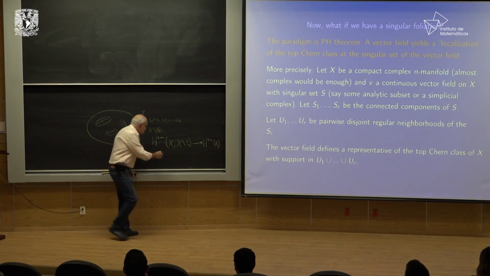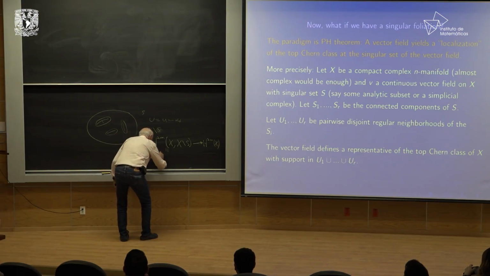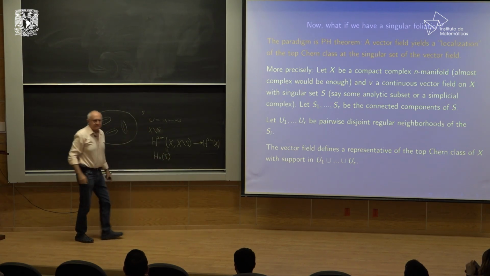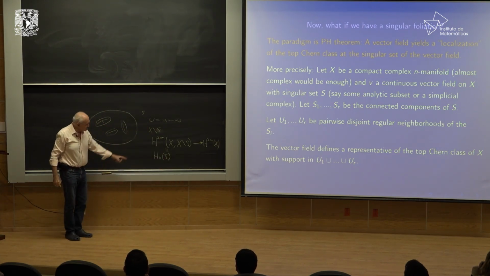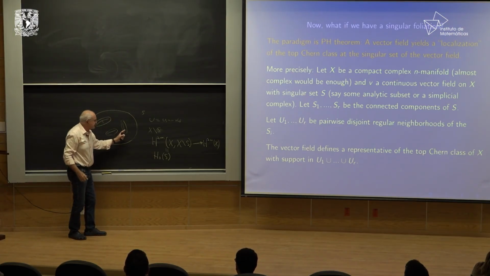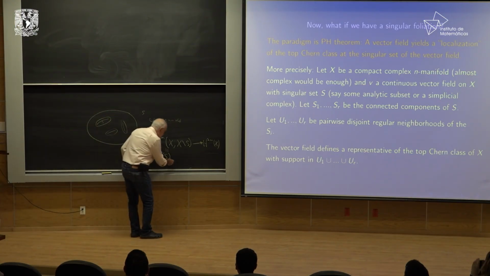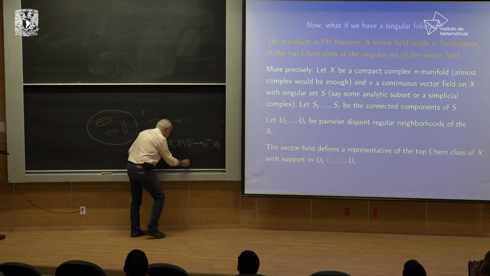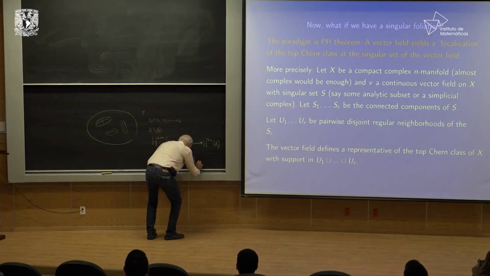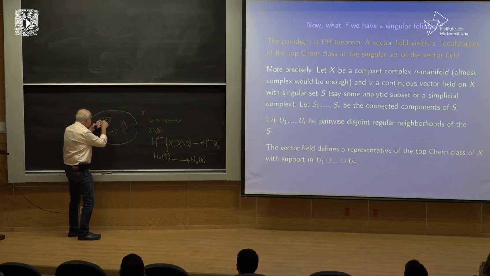Now, this group, by well-known Alexander duality, is the same as H0 of S, which is as many copies of the integers as connected components you have. And now you can include it in H0 of X. So the class you get here is a sum of classes here, here, here.